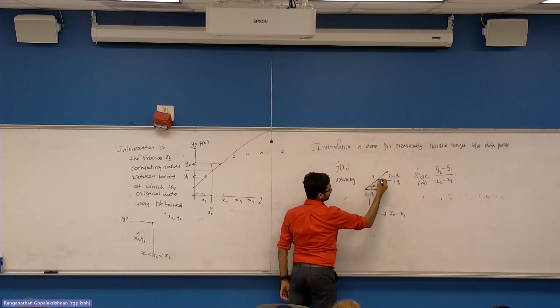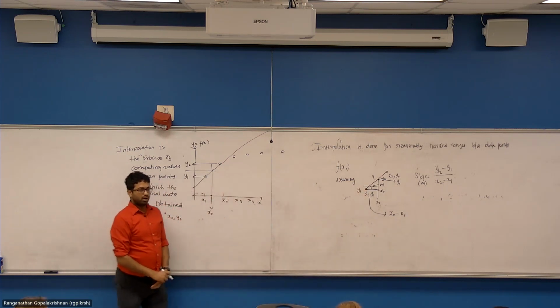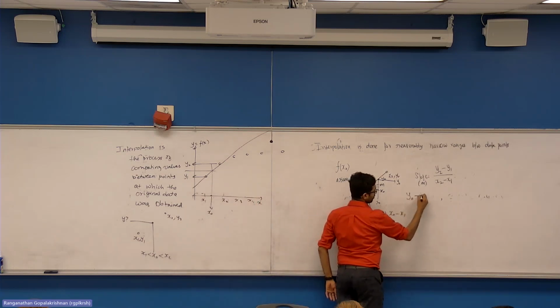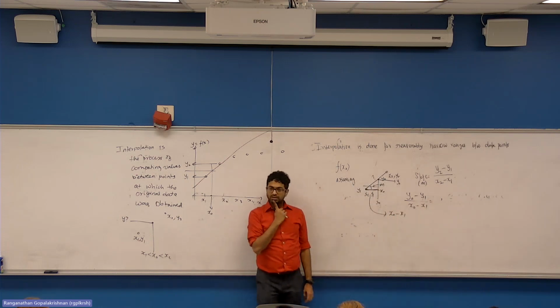Then how do I compute this y0 if I know y1? That is the question. You can do trigonometry, can't you? So y0 minus y1 divided by x0 minus x1. What is this? Opposite by adjacent.